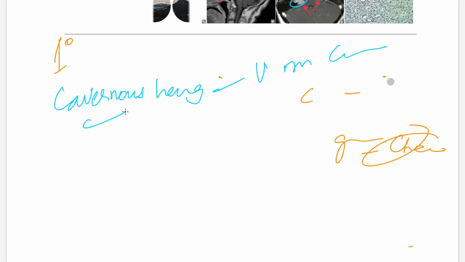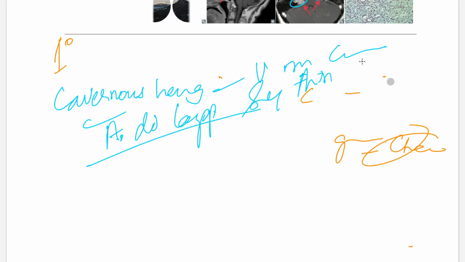The next one, let's just mention it here. That's the cavernous hemangioma, and you will see some cavernous hemangioma in your hepatic sections as well. But here is a little different. Cavernous hemangiomas are vascular malformations which are composed of abnormally dilated capillaries, separated by thin connective tissue septa.